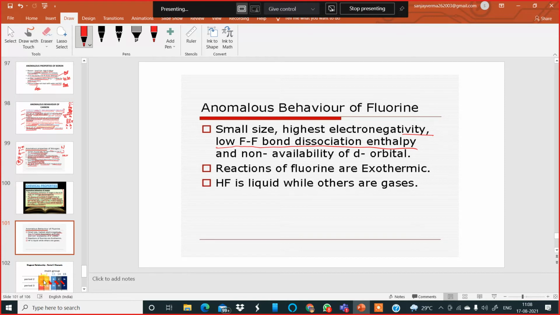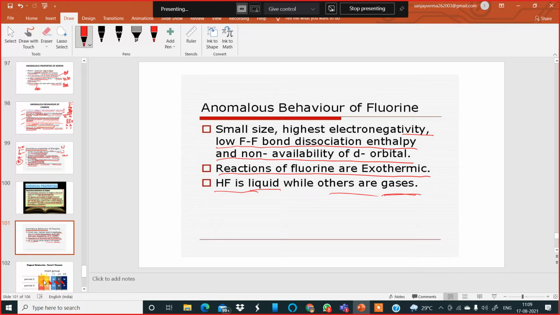That means it is easier to break the fluorine-fluorine bond, and non-availability of d orbitals. Reactions of fluorine are exothermic because the bond enthalpy is low. Hydrogen fluoride is a liquid while others are gases. Hydrofluoric acid is a liquid while other hydrogen halides are gases in nature.